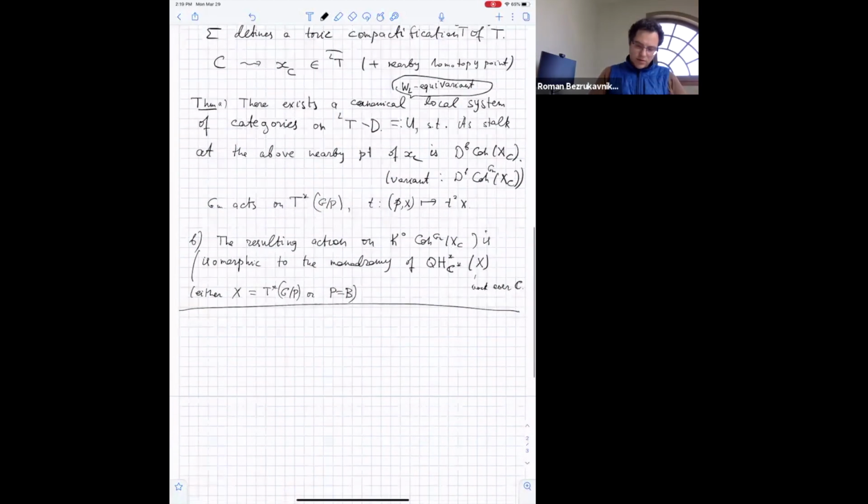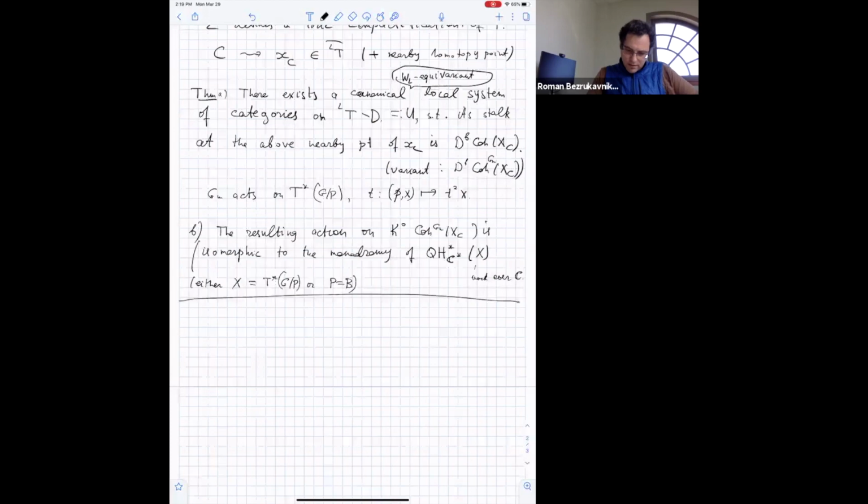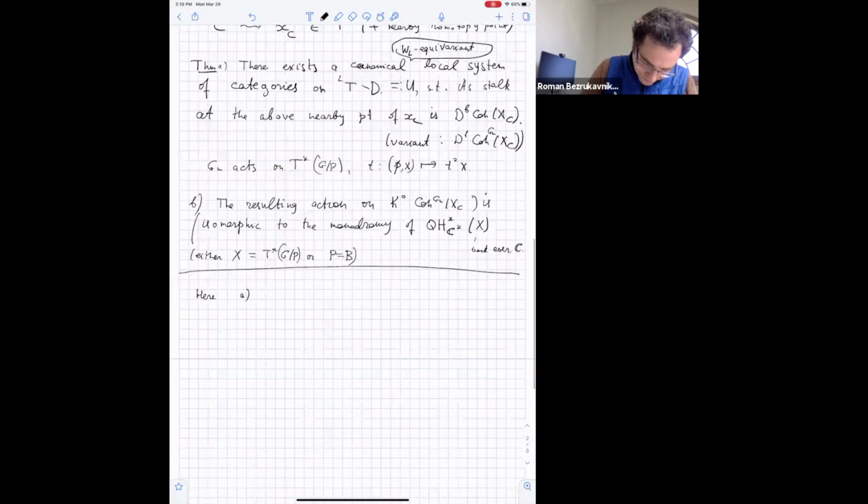So yes, maybe I should give some references. Here, A is a reformulation.